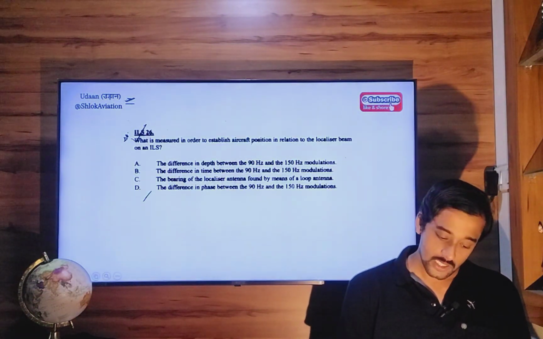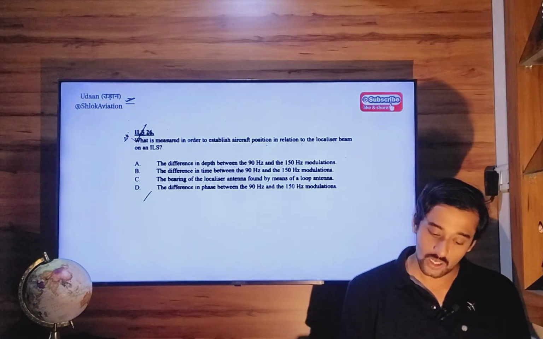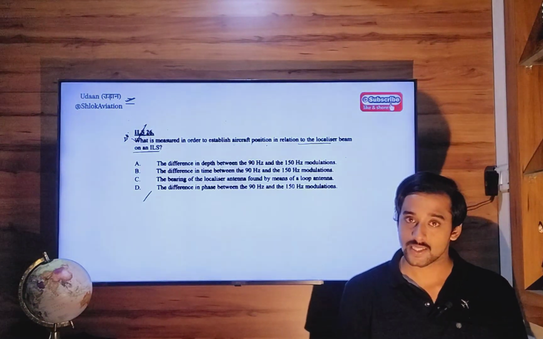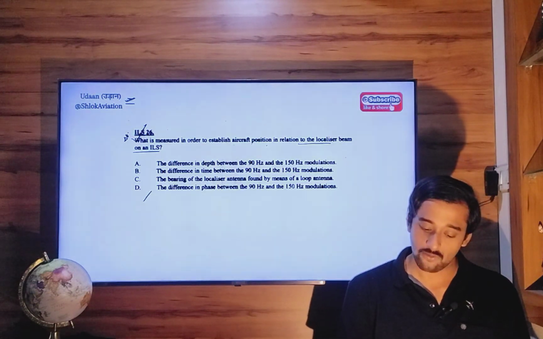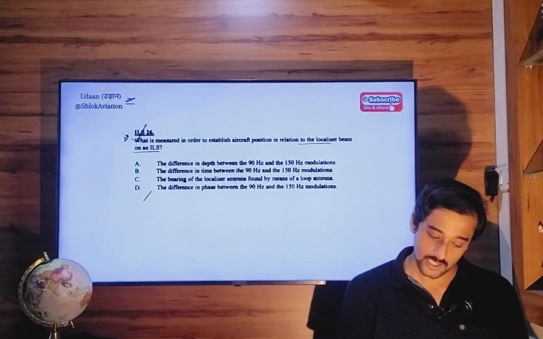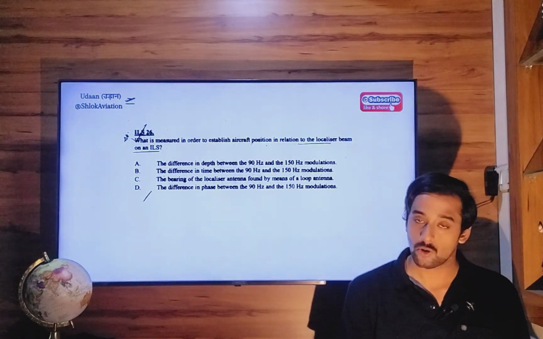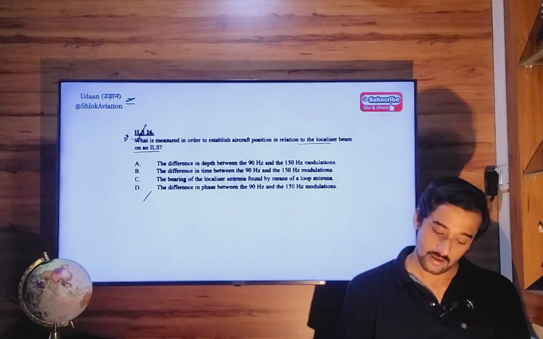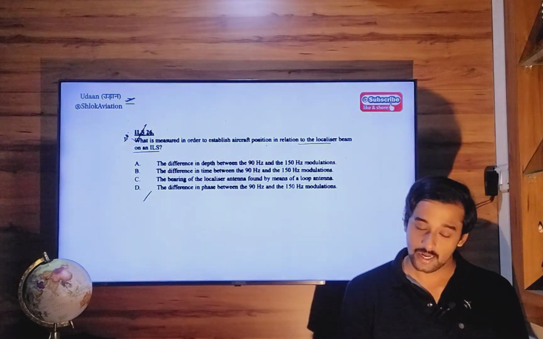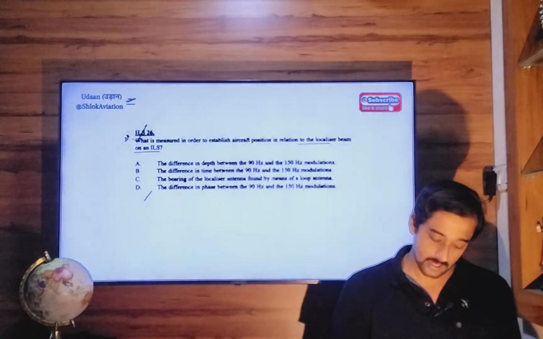Next, what is measured in order to establish aircraft position in relation to the localizer beam on an ILS? The difference in depth modulation between 90 Hz and 150 Hz modulations, the difference in time between 90 Hz and 150 Hz modulations, the bearing of the localizer antenna found by means of a loop antenna, the difference in phase between 90 Hz and 150 Hz.